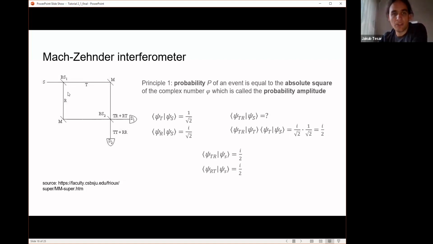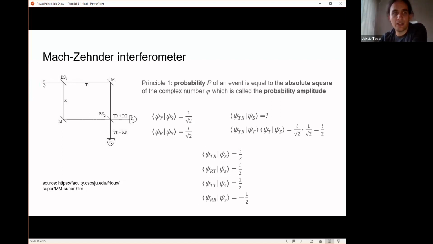If we talk about reflection first and then transmission, it will be multiplication of these two, but in the opposite order. Then for transmission and transmission, we will just multiply twice this, so we will have 1/2.